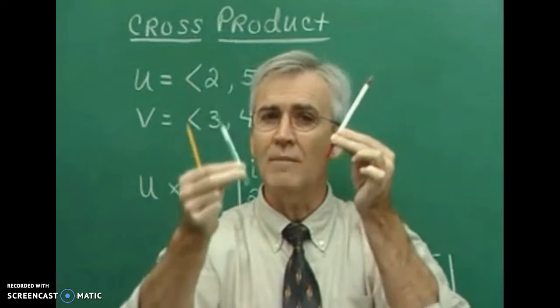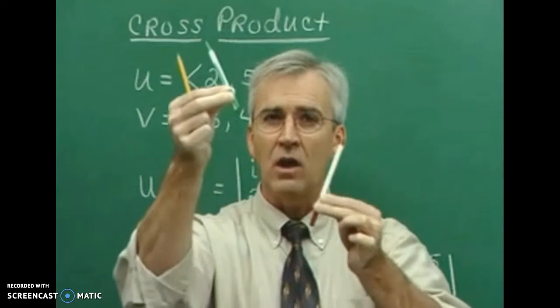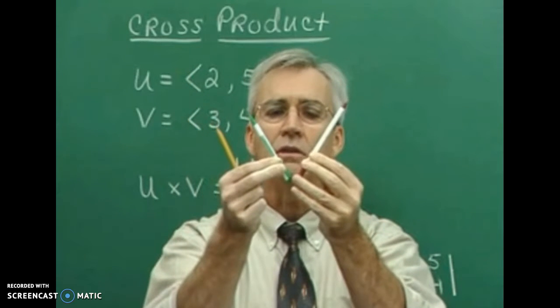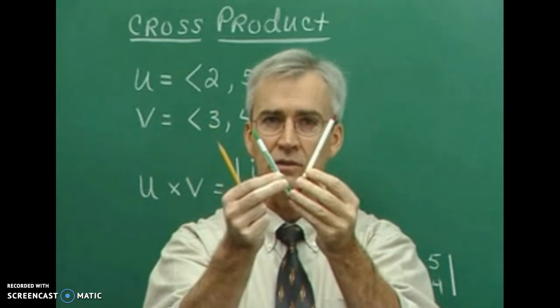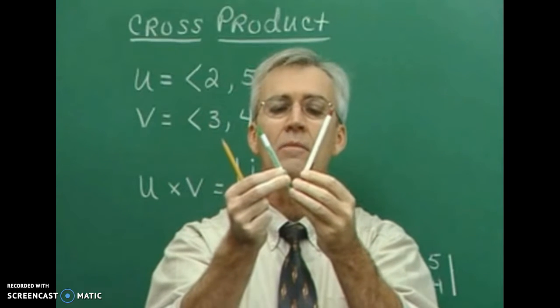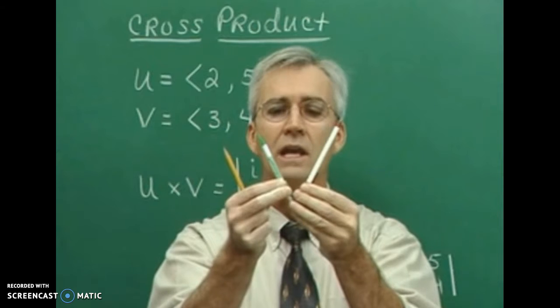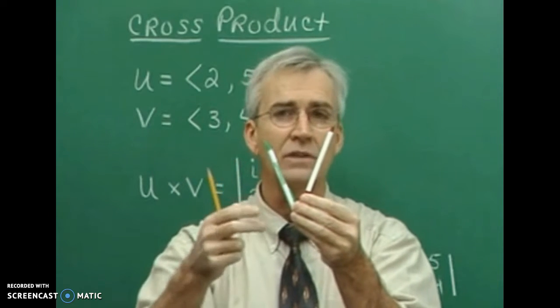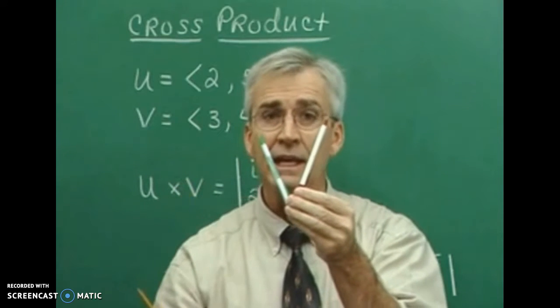And I really am talking about the same vector, am I not? So I can actually put their initial points together like this. And by that method, I can realize that any two vectors sort of define a plane. That is, a plane contains any two vectors.